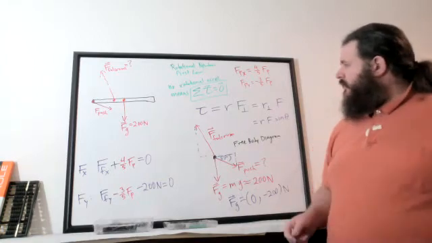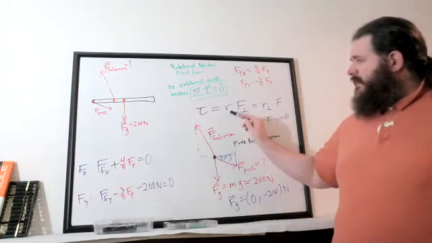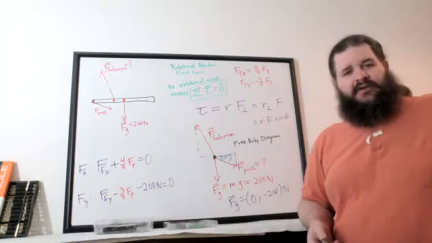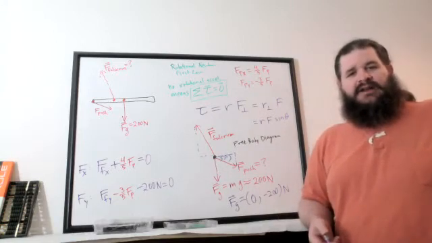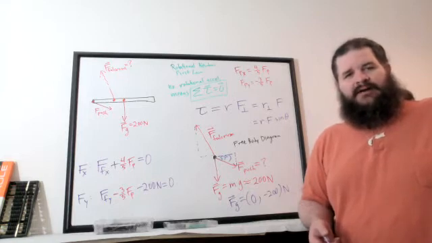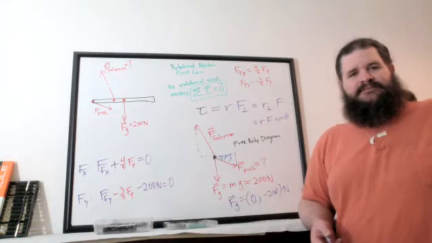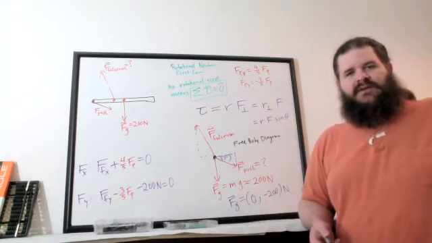To calculate those torques, though, we've got the forces. We're going to need some radii, the actual distances, or moment arms. And that means we're going to need to measure from a pivot point. What location do you want to call the pivot point here? If this were rotating, what would you expect it to rotate around?